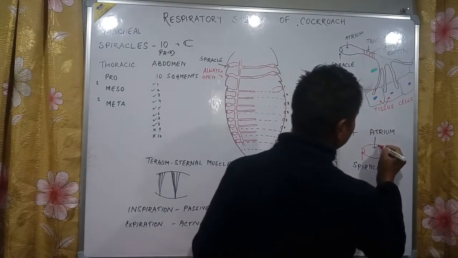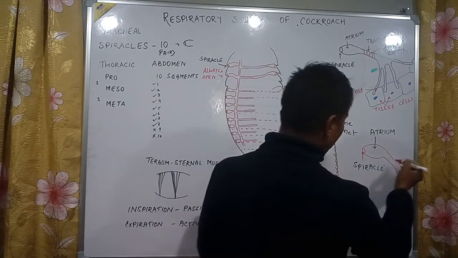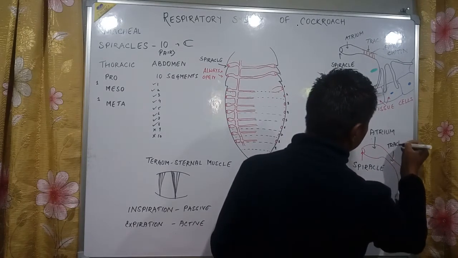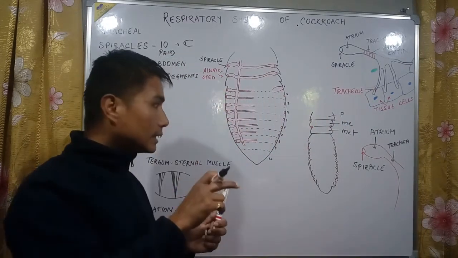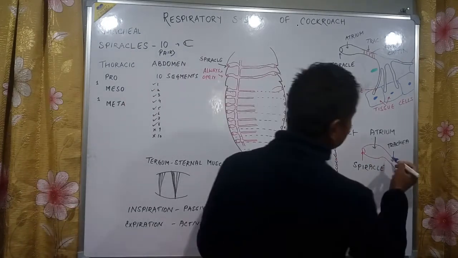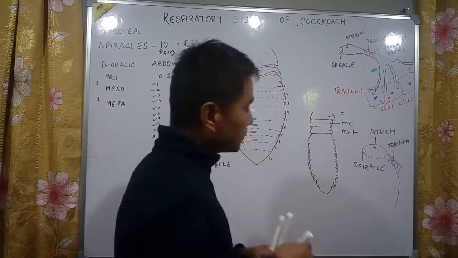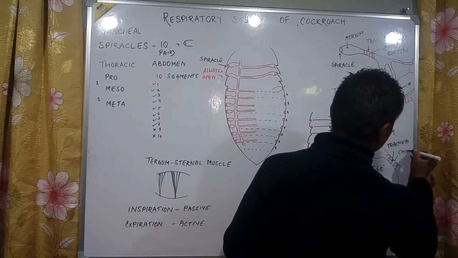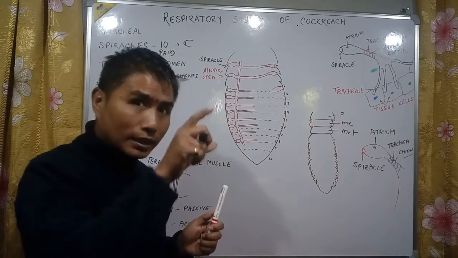Fine. This atrium then divides or goes through a tube, and this tube is known as the trachea. To prevent the trachea from collapsing, it contains spiral chitin, which is spirally present inside the tube.